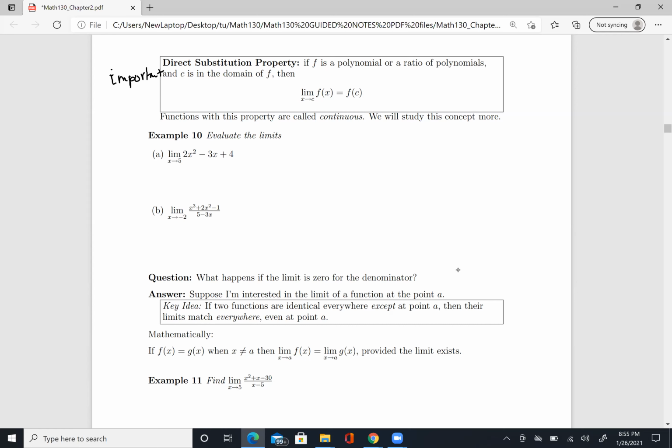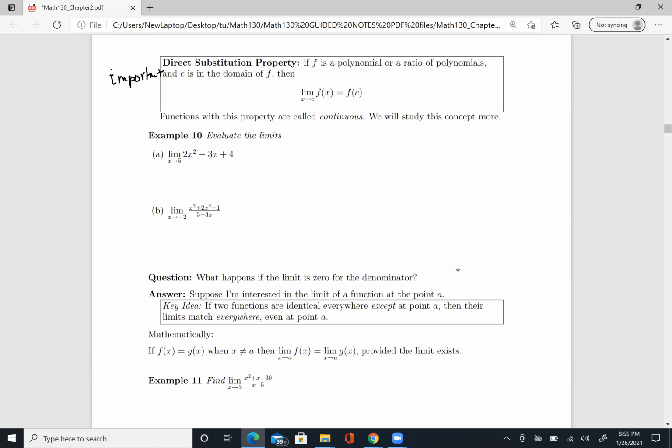If f is a polynomial or a rational function, a ratio of polynomials, and c is in the domain of f, then the limit of fx when x goes to c will be equal to f(c).